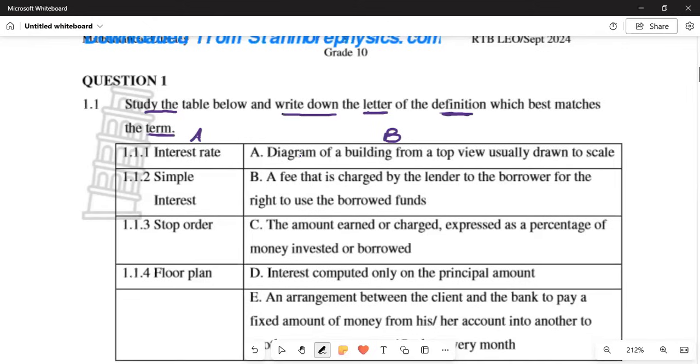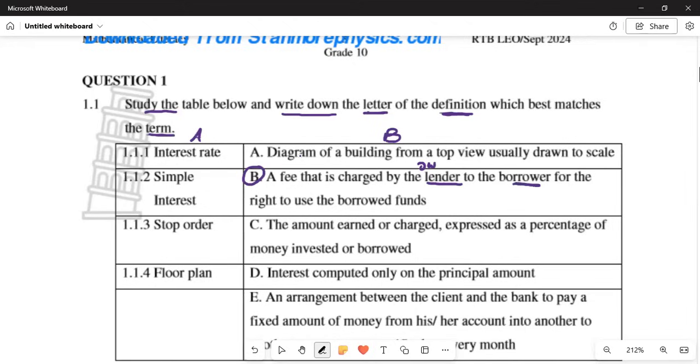The correct answer is that an interest rate is a fee that is charged by the lender. Who is the lender? The person that has the money, the owner of the money.